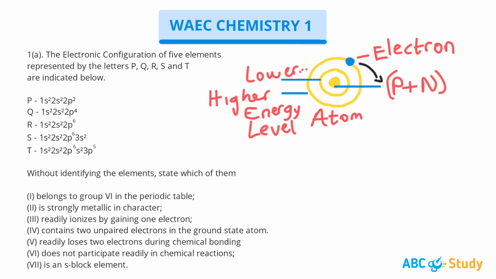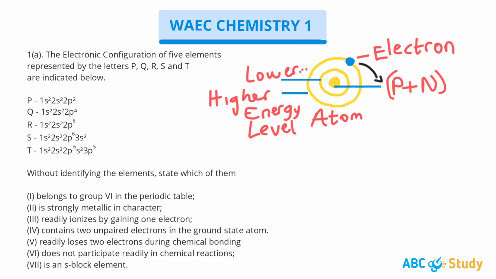So there's a tendency for an electron that is in the higher energy level to drop to the lower energy level, and that is what we mean by ground state and excited state.